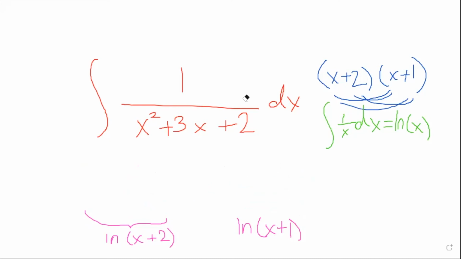What we're going to end up with at the very end is just a negative ln of x plus 2 over x plus 1. And don't forget the plus c at the end.